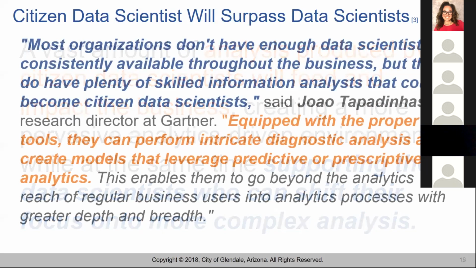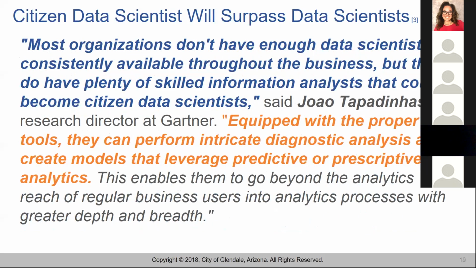And this is a quote from a research director at Gartner I thought was interesting. Most organizations don't have enough data scientists consistently available throughout the business, but they do have plenty of skilled information analysts that could become citizen data scientists. Most of our business community know how to use Tableau, SSRS, other tools, and they're very sophisticated at it.